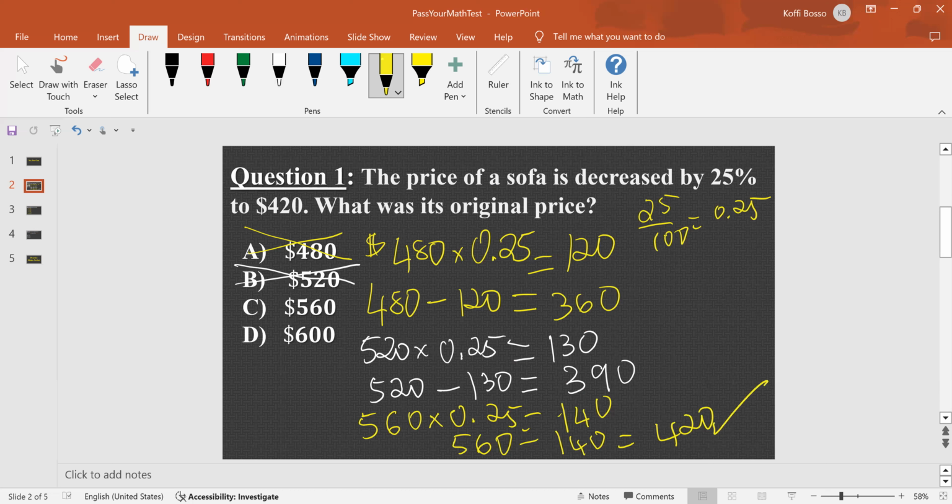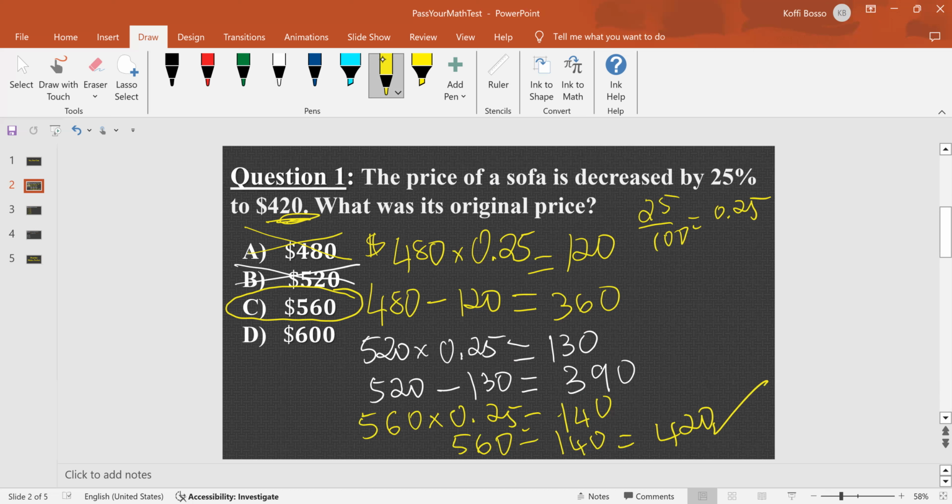That is correct. So the correct choice here is C. You see, the correct choice is C. You can double check by doing D, and D will not give you 420.